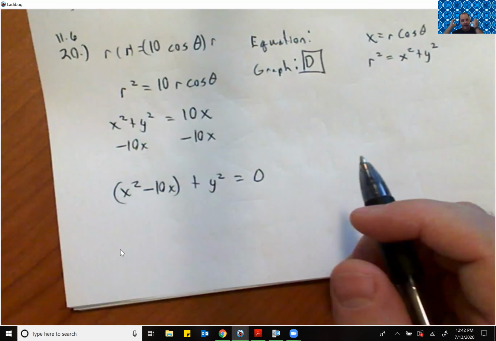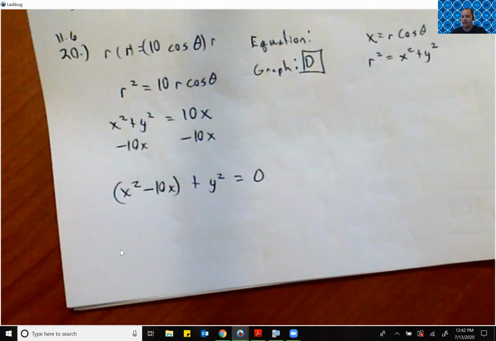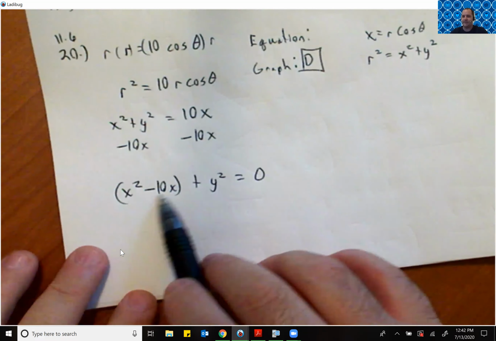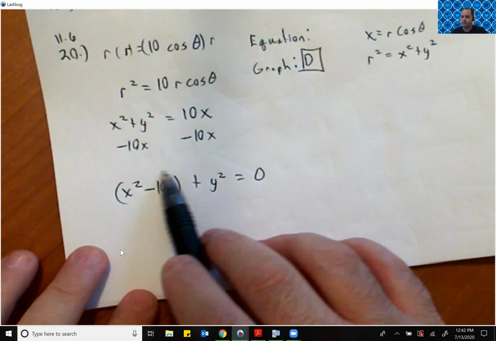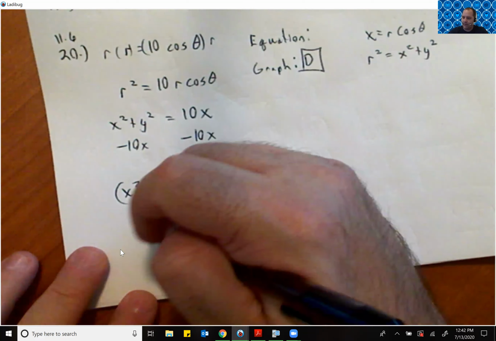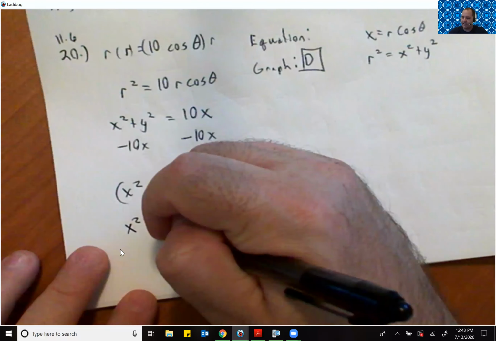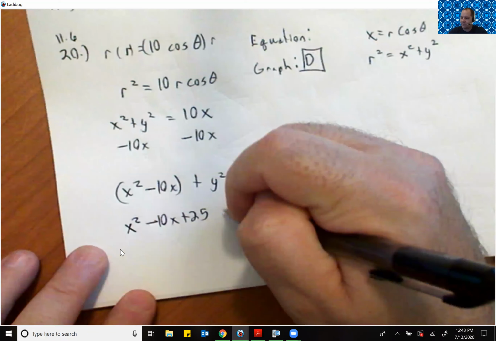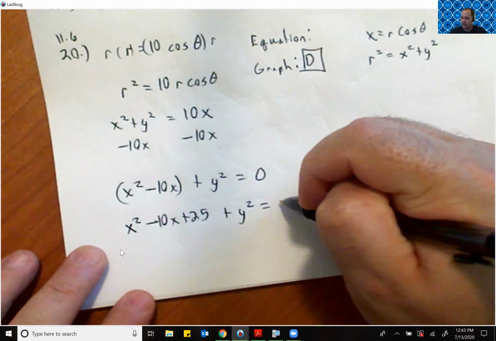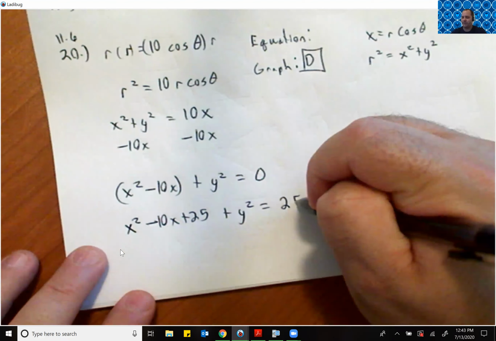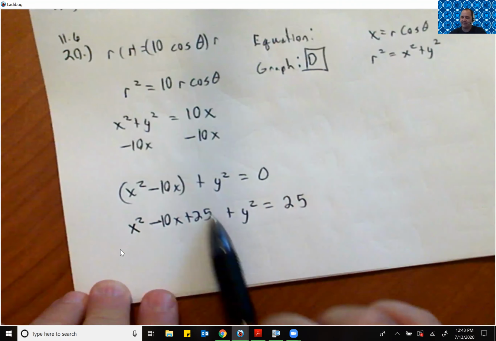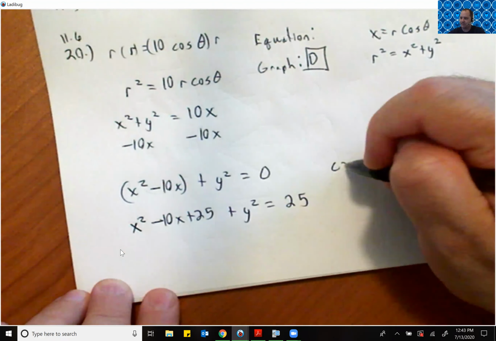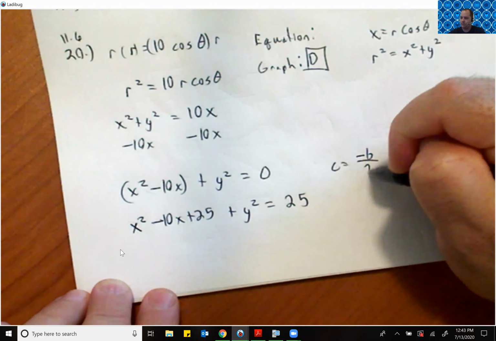And what you need to do now is complete the square on this. So you'll end up having x squared minus 10x plus 25 plus y squared equal to another 25. To figure out this 25, remember you have to figure out the c value that makes this factorable, which is b over 2 squared.